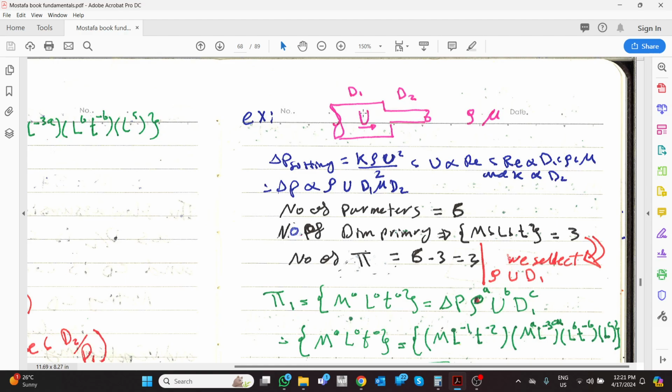Why didn't we also use the velocity, like u1 and u2, as we did with d1 and d2? Of course, rho and viscosity are constant. Why didn't we do it if we are going to use the logic? It is very simple, because it is a function of another parameter.